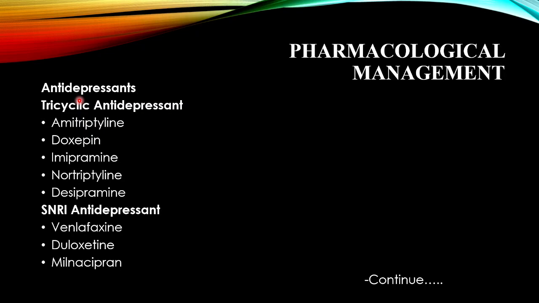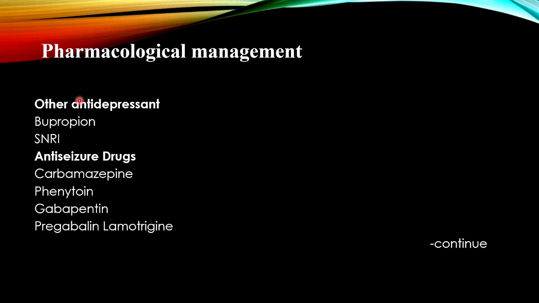Then another one is anti-seizure drugs. Anti-seizure drugs affect the peripheral nerves and the central nervous system in various ways, including sodium channel modulation and also central calcium channel modulation.